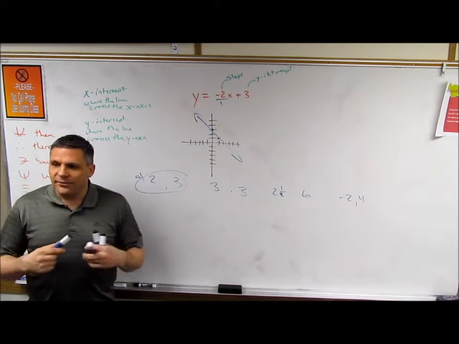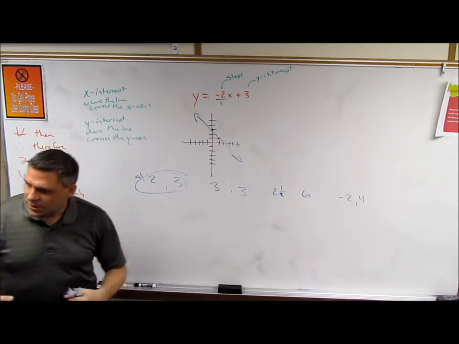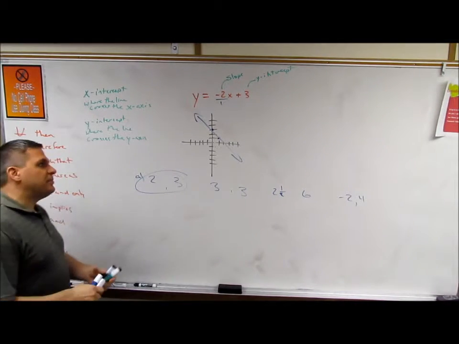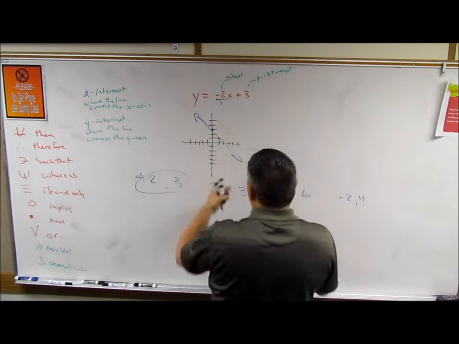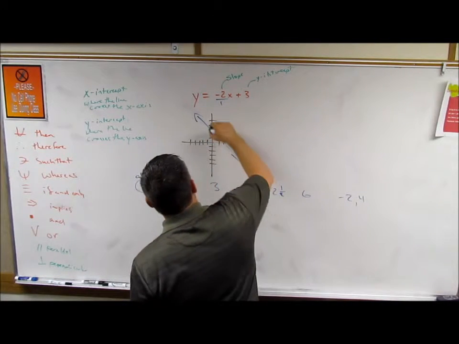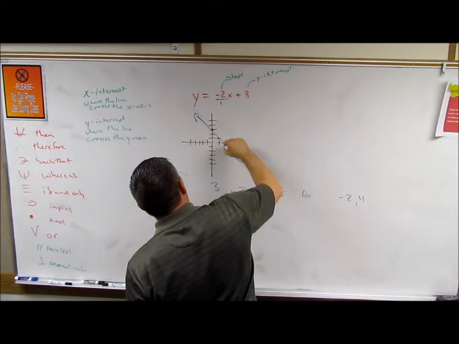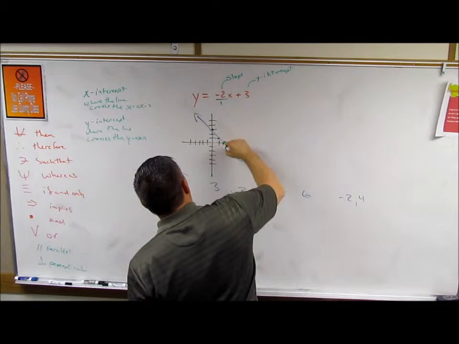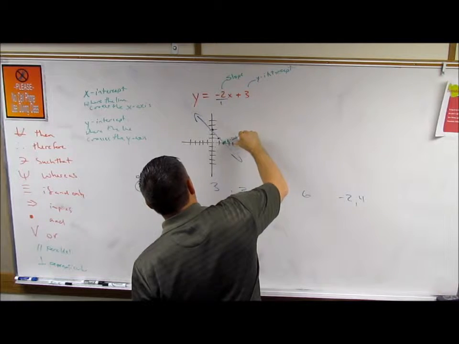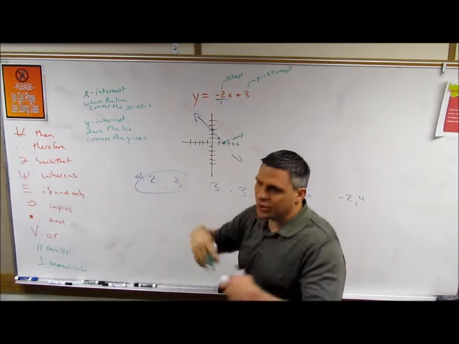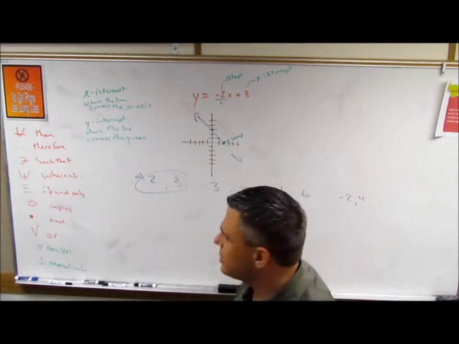So, how do you find it exact? The numerical way or the mathematical way? Well, the way I would find these x and y intercepts, this in fact is the y-intercept, and this in fact is the x-intercept, is I would turn it into what's called standard form.